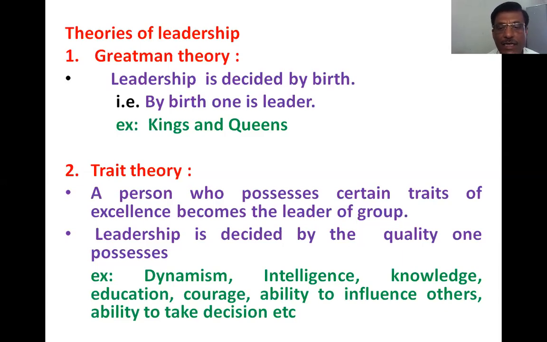For example, intelligence, dynamism, knowledge, education, courage, ability to influence others, ability to take quick decisions. These are some of the important traits, based on which the leadership is decided.